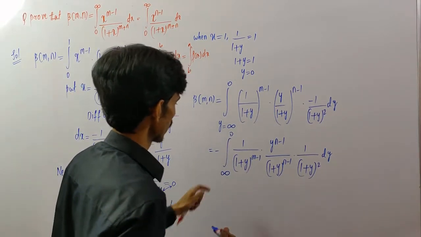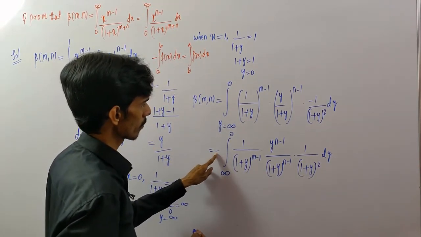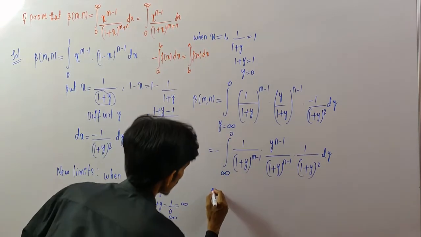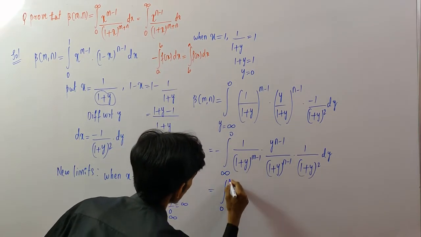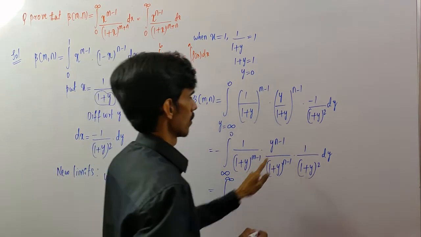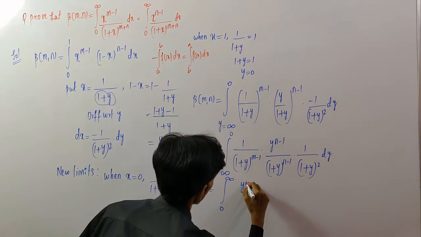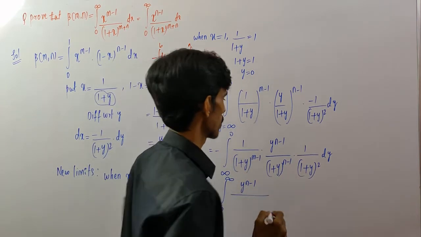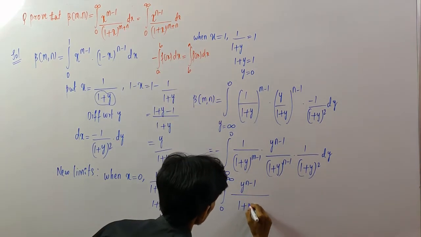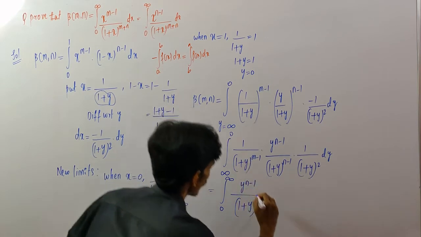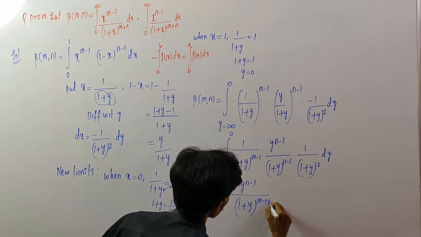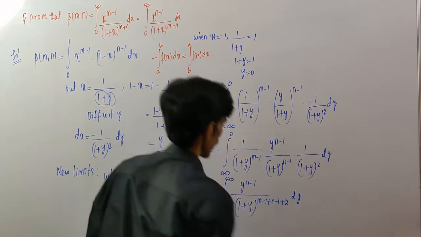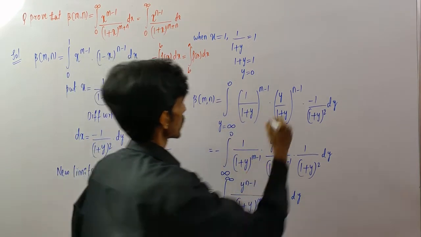So applying that concept here, this negative will make this infinite as 0 and this 0 as infinite. So we have 0 to infinite y power of n minus 1 divided by, here the bases are the same, so the powers should be added. So write down 1 plus y power of m minus 1 plus n minus 1 plus 2, dy.